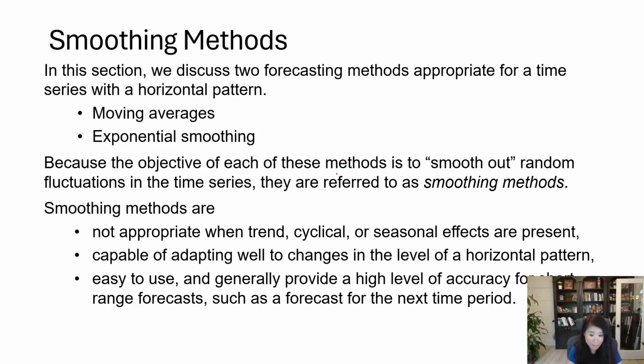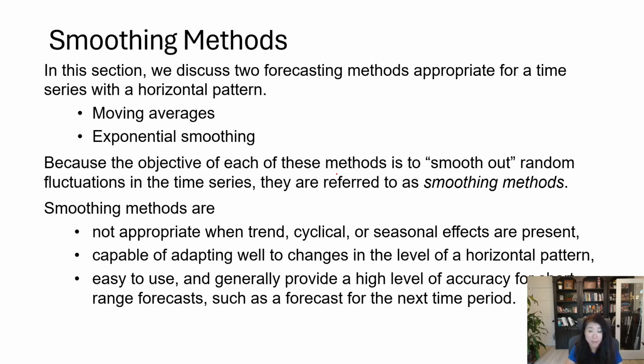You might ask me, Dr. J, what if my data does have them? In the next module, we are exploring some models that help us include some kind of trend and cyclical. But if you're thinking about using moving average or exponential smoothing here, you have to make sure your data doesn't show any upward or downward trend, cyclical, or seasonal effect.